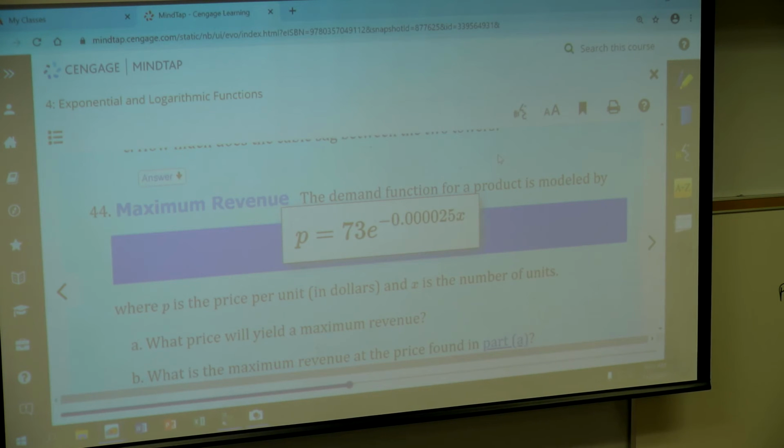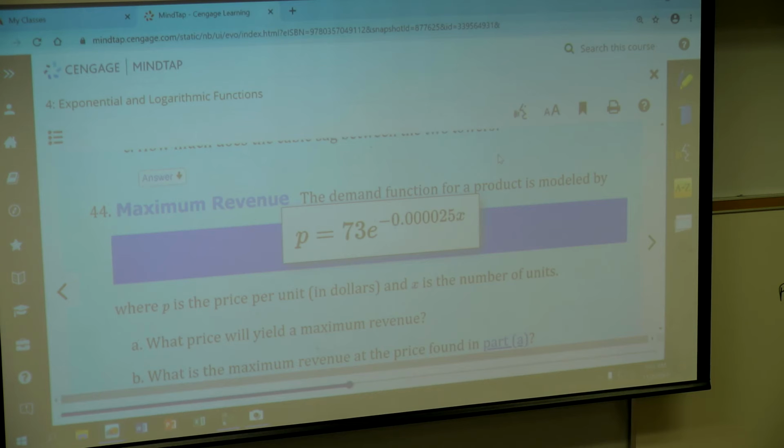So we want to find the maximum. How do we find the maximum? That's what it's wanting to know. Well, how do we find the critical value? Make it equal to 0.